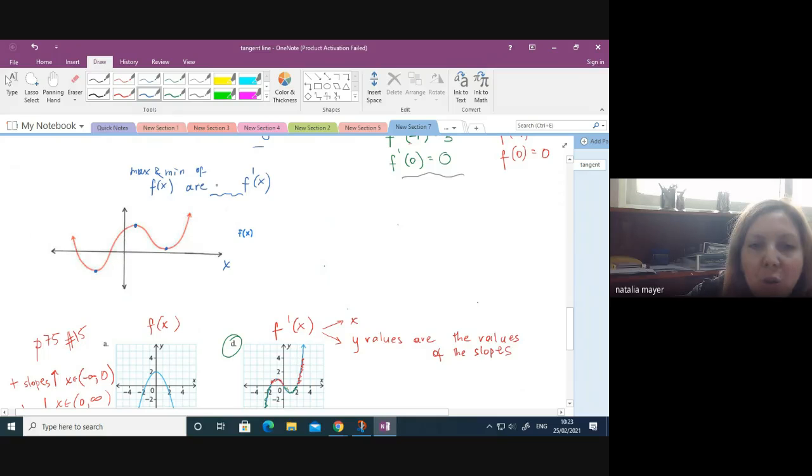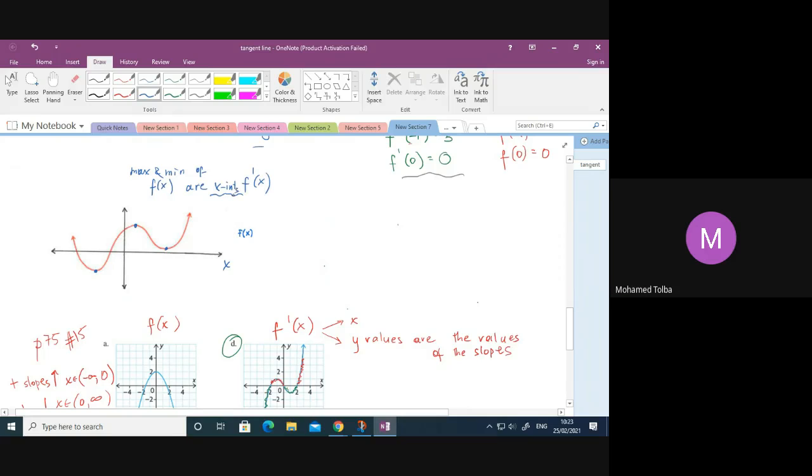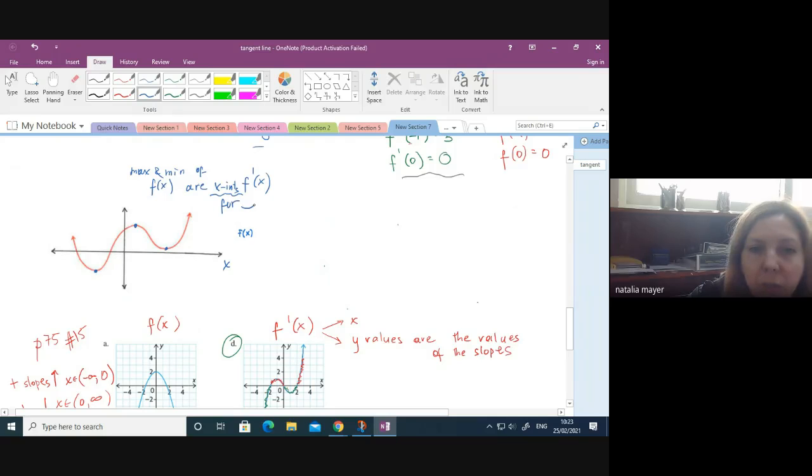So they are zeros or x-intercepts for f prime. That's why they are significant, right? If I take those points and drop the perpendicular, I know that here and here are the x-intercepts for f prime. Okay?